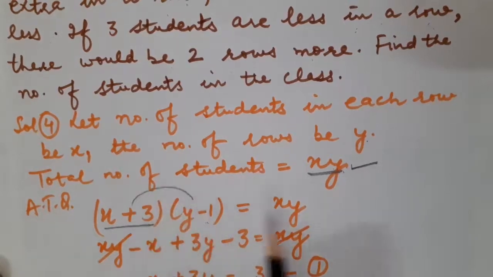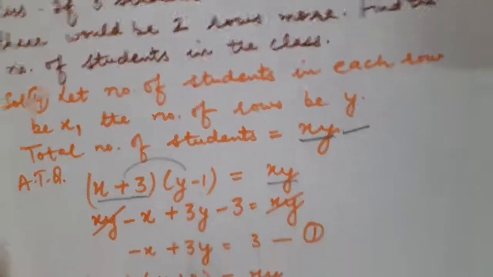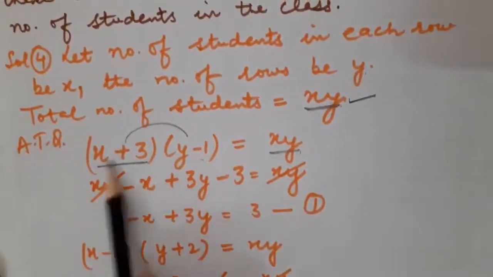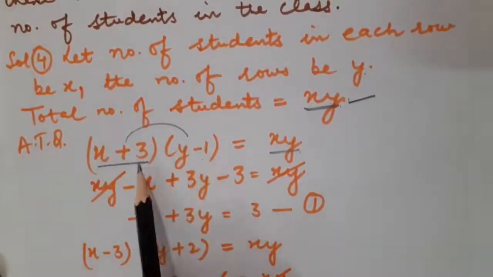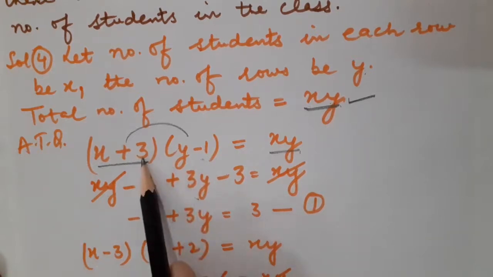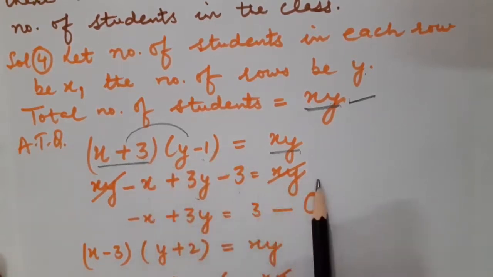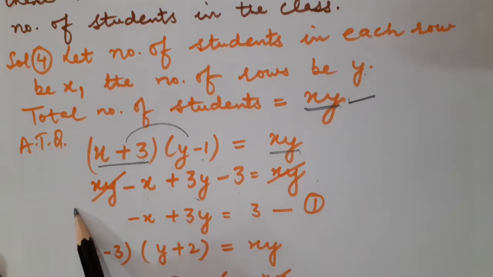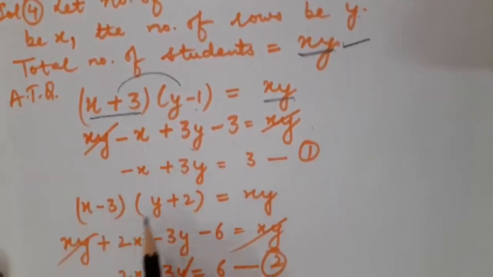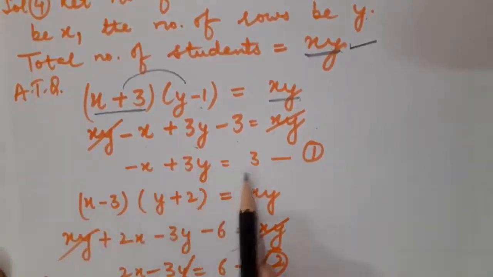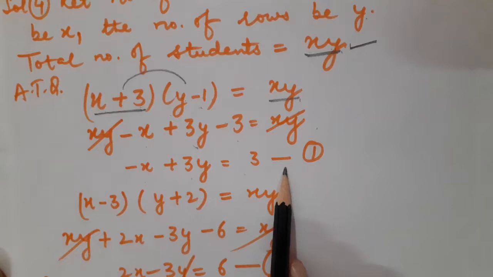But the same strength will be there, that is xy. Clear children? So after simplifying, xy minus x plus 3y minus 3 is equal to xy. xy and xy both cancel. So you have got minus x plus 3y is equal to 3. This is equation number 1.